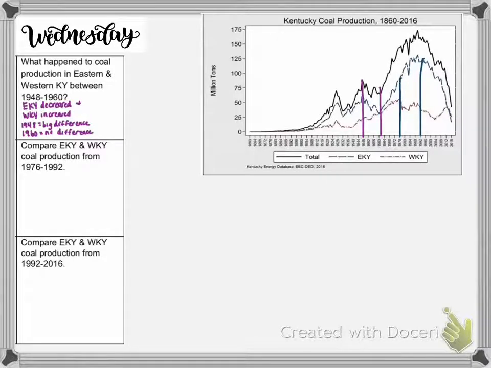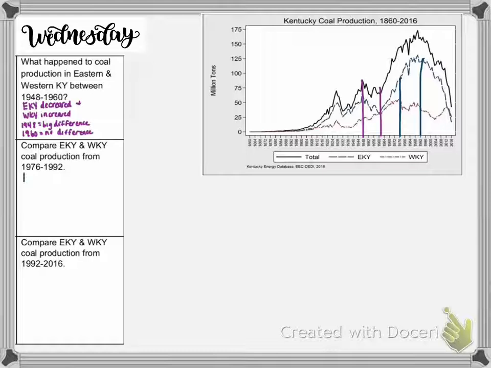But look what's happening in western Kentucky. Western Kentucky is decreasing at a slower rate. So I would say eastern Kentucky increasing coal production at a rapid rate, whereas western Kentucky decreasing in coal production at a slower rate. So that's what we want to compare.